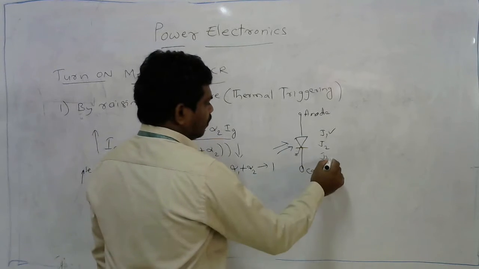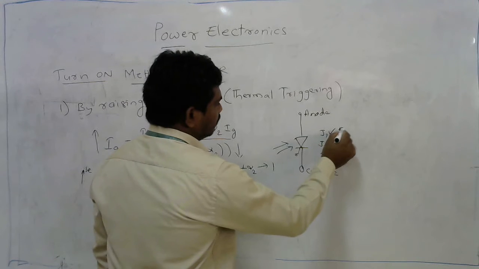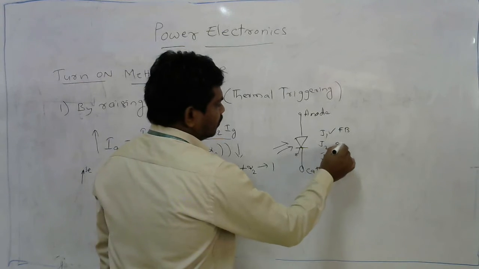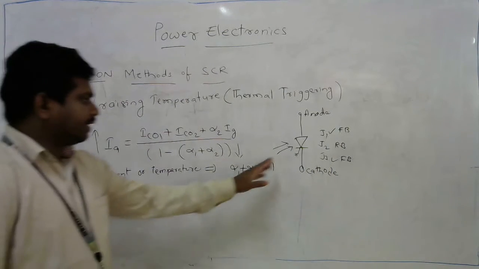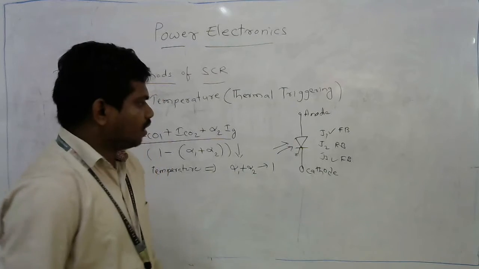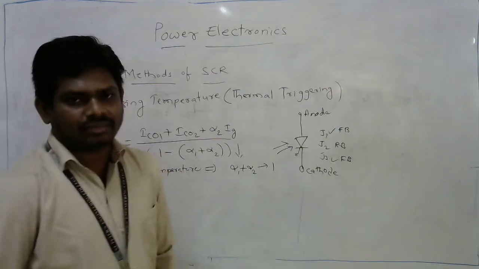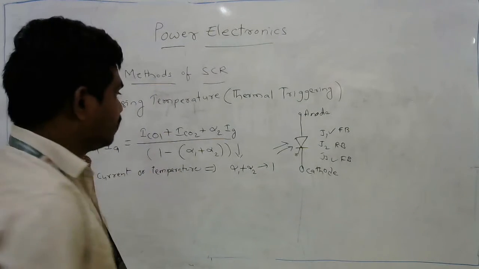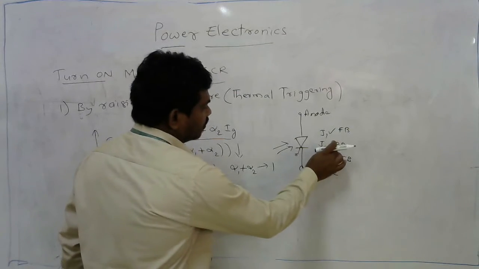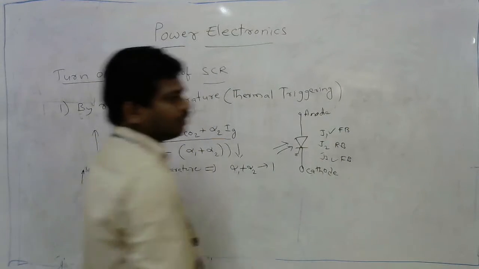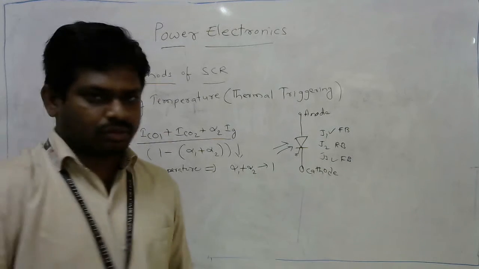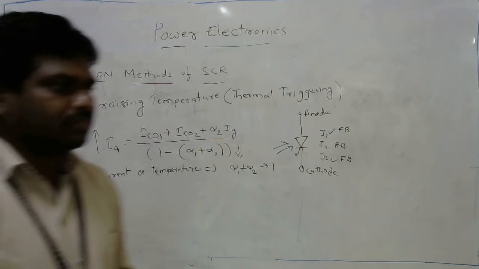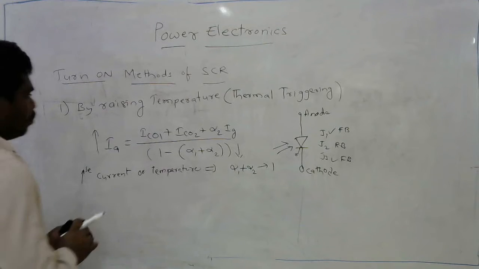Initially, J1 and J3 are forward biased and J2 is reverse biased. After heating the device, recombination at the J2 junction takes place, so the J2 junction is diminished. Once J2 breaks down, the device allows current to flow from anode to cathode. In that way, we make the SCR turn on from its forward blocking state. So this is one method.